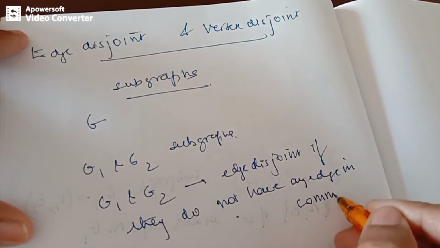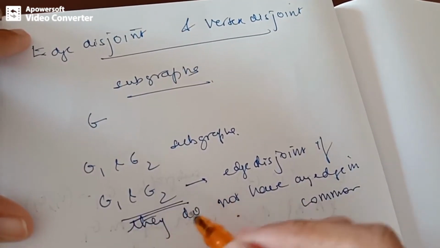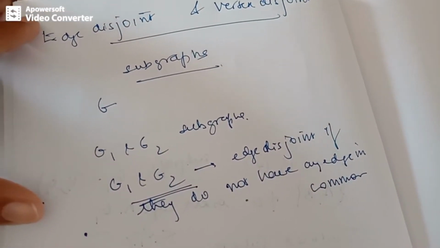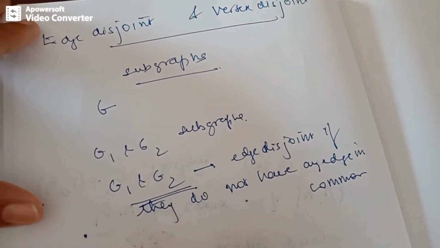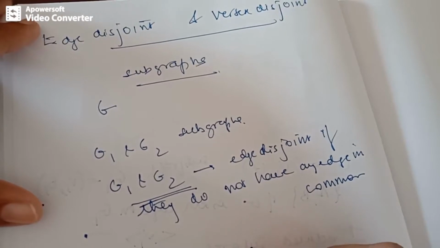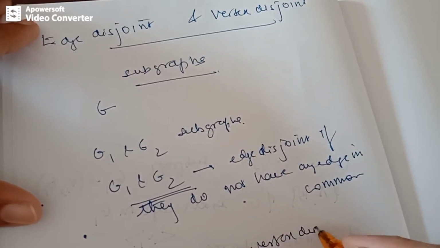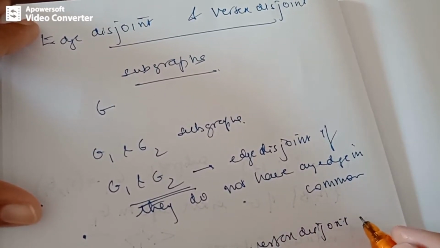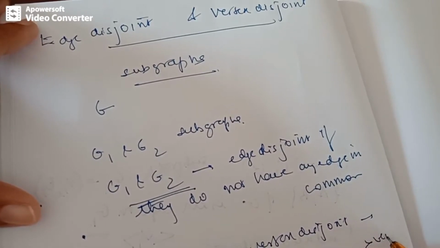Then we call these two graphs edge disjoint subgraphs. Likewise, the two graphs G1 and G2 can be called vertex disjoint subgraphs if they do not have any vertex in common.